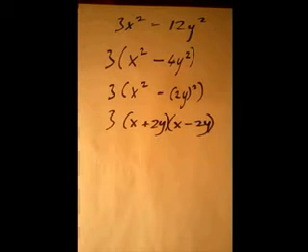Okay, so there you see it is actually possible to have more than two factors in a factorizing problem, and it's also possible that you might have to use more than one method of factorizing to solve that problem.